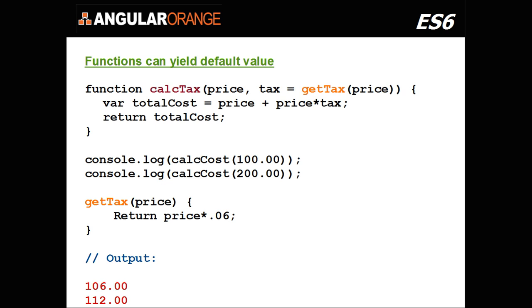Okay, so what we're saying here is that you can have a function definition where the first parameter is price, the second parameter, or let's say the argument, is tax, and by default I'm going to call a function and default the value of that argument to the result of the function call.